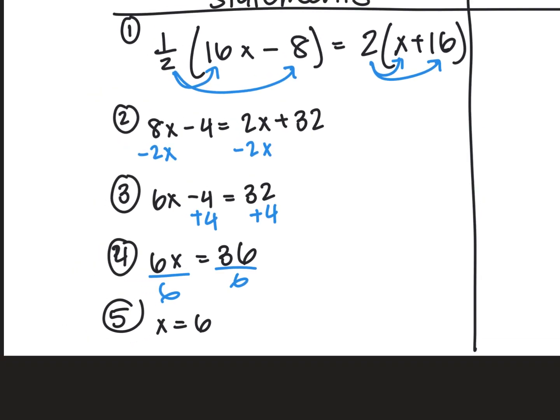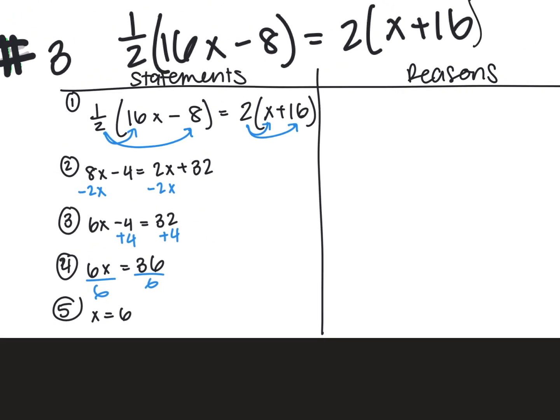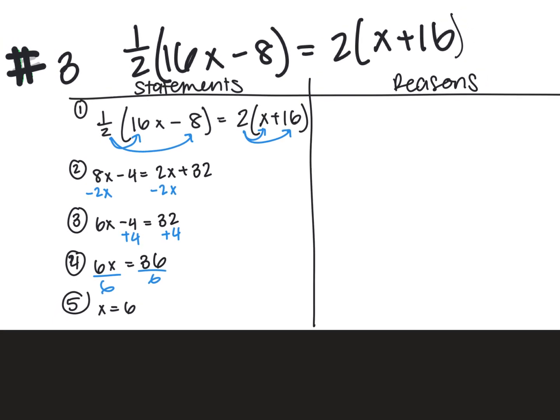All right, good. So let's go ahead and state our reasons. The first one is going to be? Given. The first one is always given. So my second one is going to be?